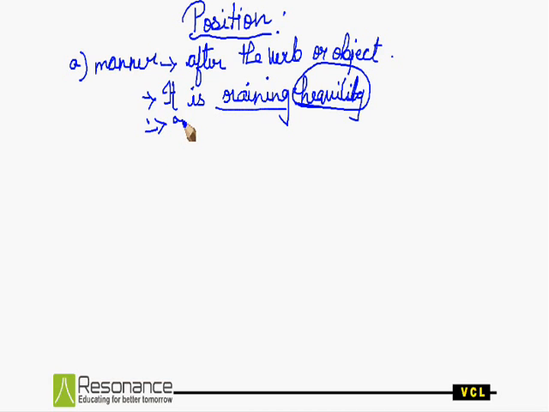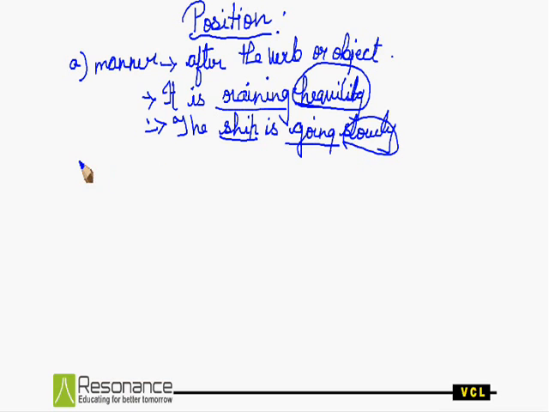Next, the ship is going slowly. Object, verb and adverb; here the adverb is slowly.